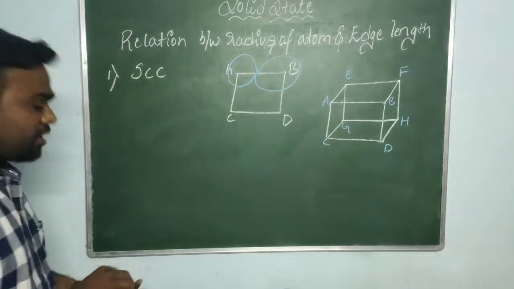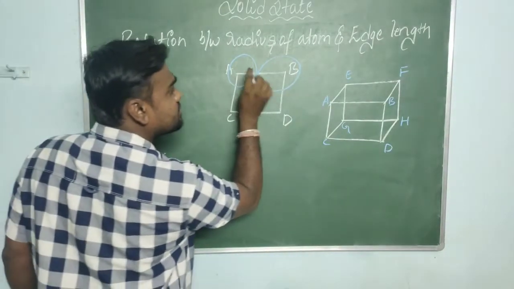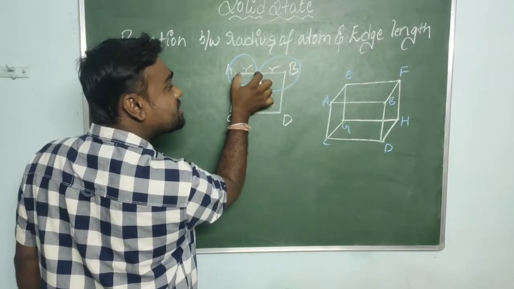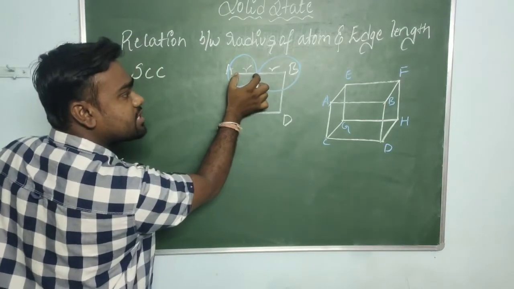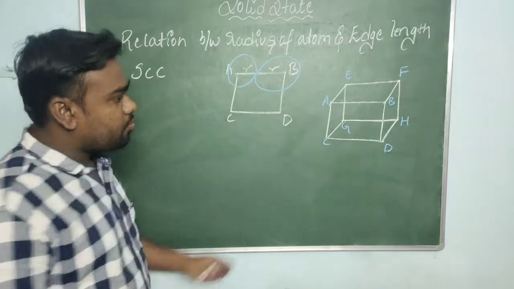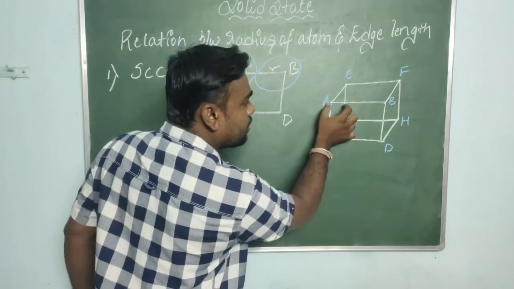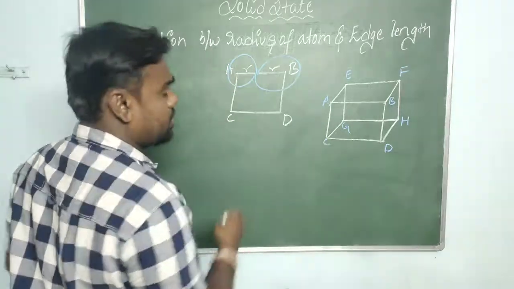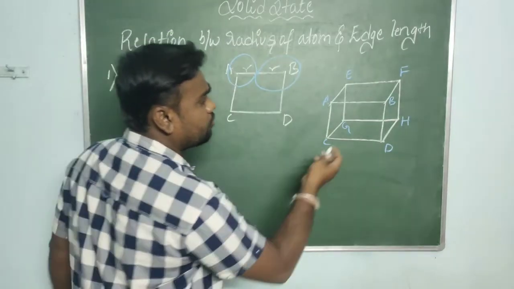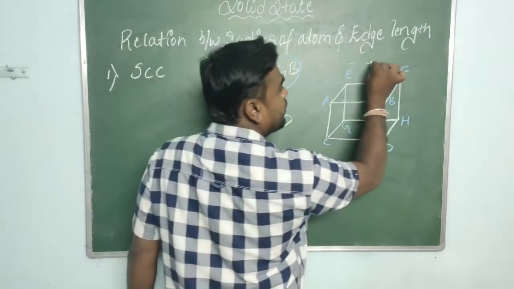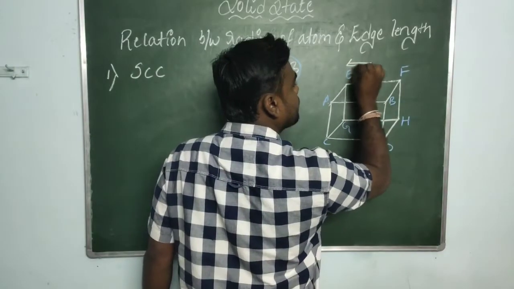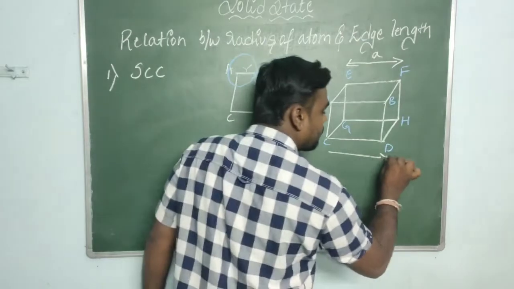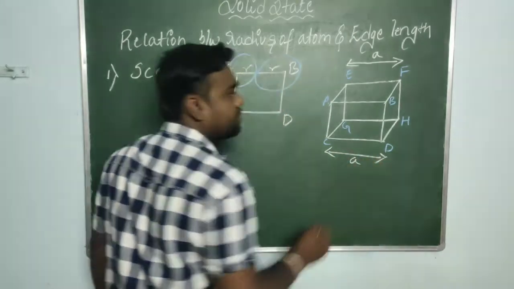This is the radius of the atom, a single atom, the atom that occupies the space at corner A. Now you see the edge length. It is the edge length on all sides of the cube.